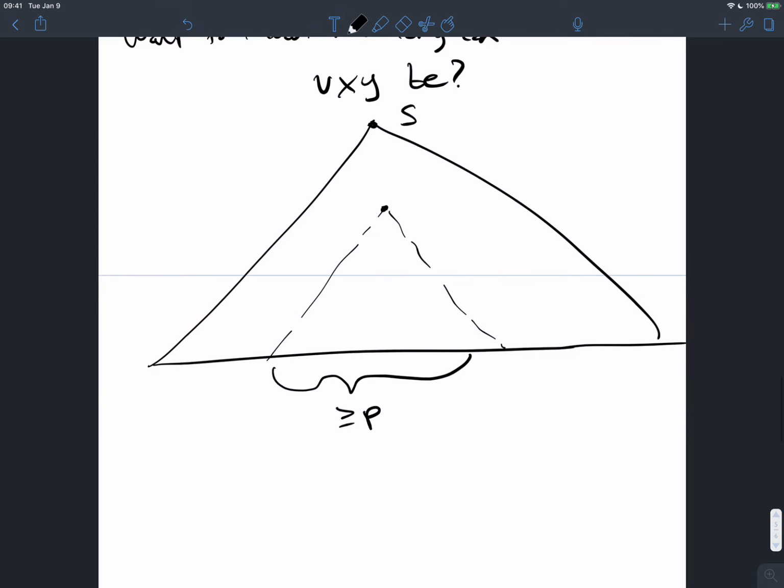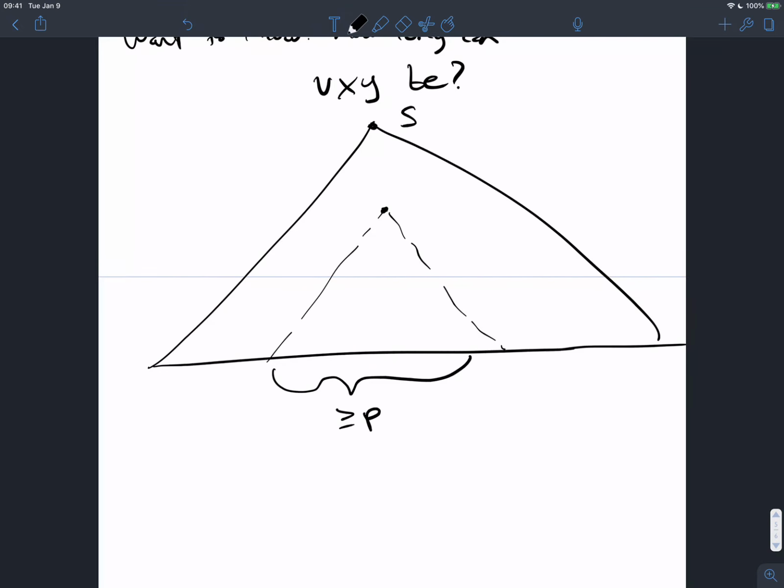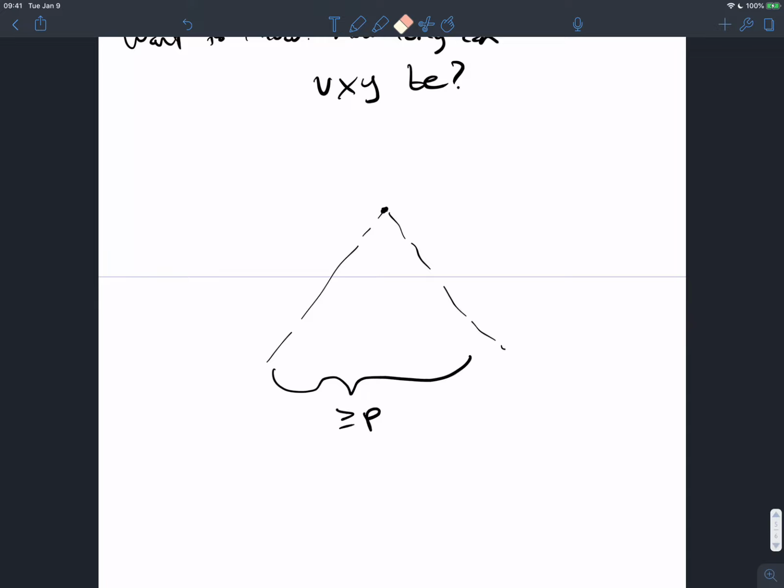Well, let's see. If I just consider now whether or not I look at this tree as the entire tree, let's say that this is equal to p in length. This is the top of the tree, the entire tree. This is the bottom. Well, how high up could these two occurrences be?